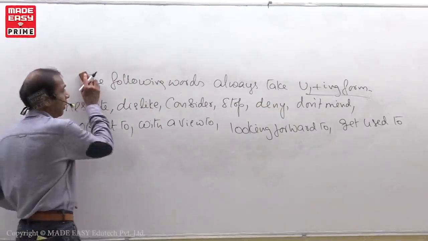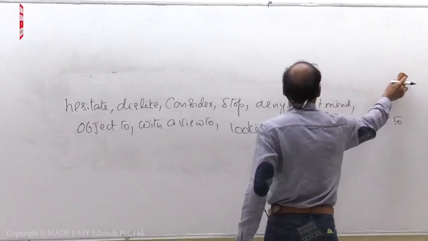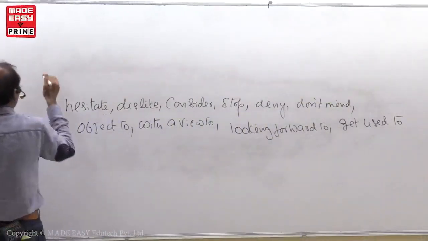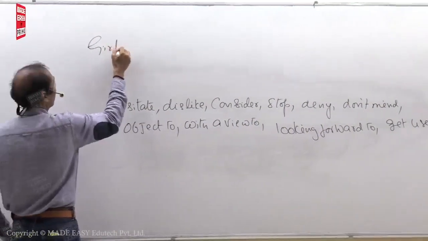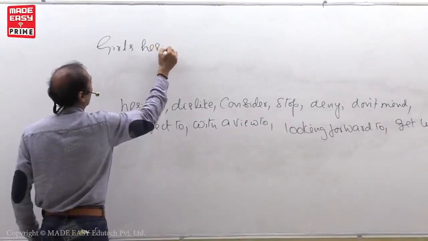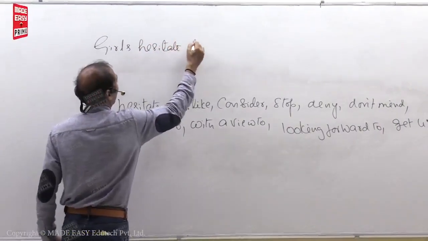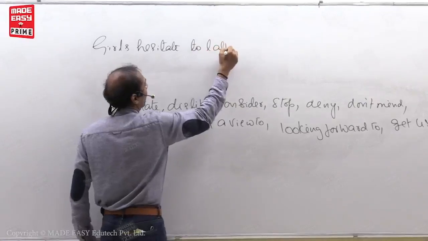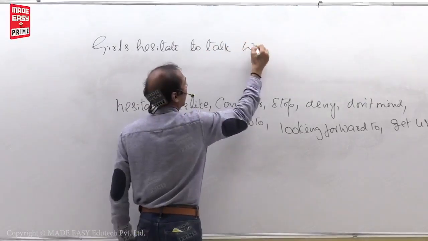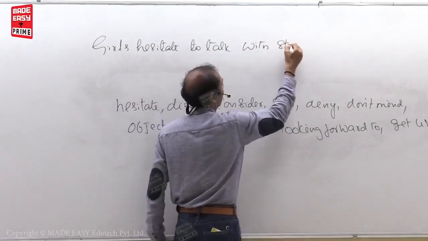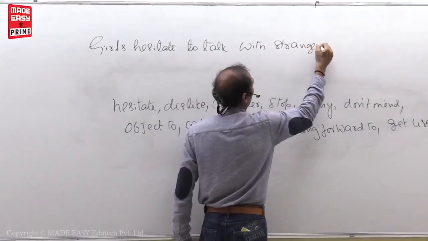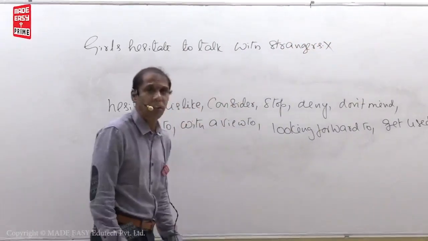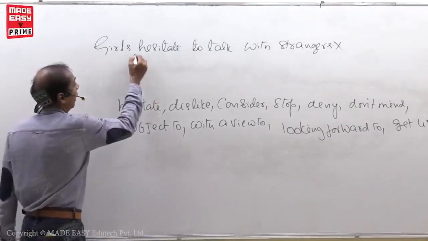Right? For example, see. Girls hesitate to talk with strangers. This is all wrong. Why this is wrong? Hesitate.